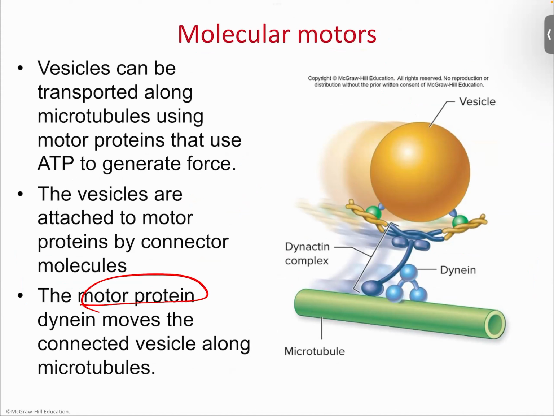So when you're taking a look at moving stuff around the cell, the thing about movement is none of the movement is random, right? When we take a look at vesicles in the cell, it looks like they're just sort of randomly floating from the rough ER to the Golgi, but that is not the case, right? What we don't see is the little motor protein underneath the vesicle that's actually carrying that vesicle along to its destination.